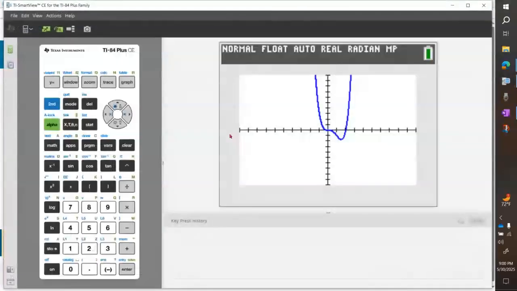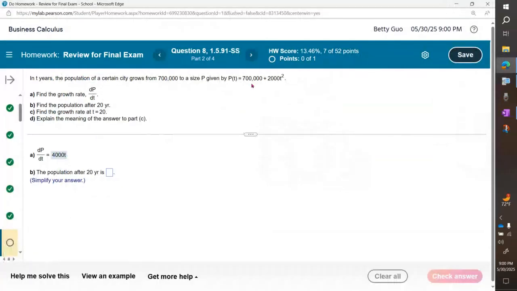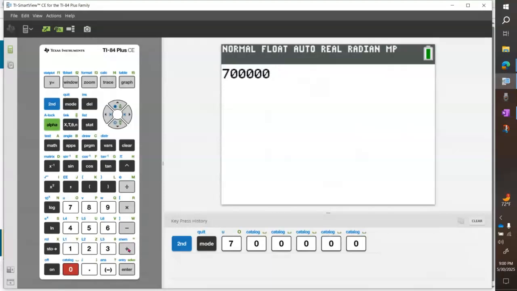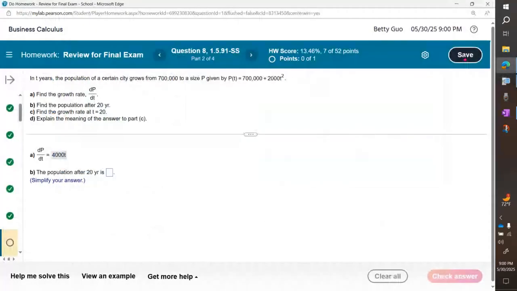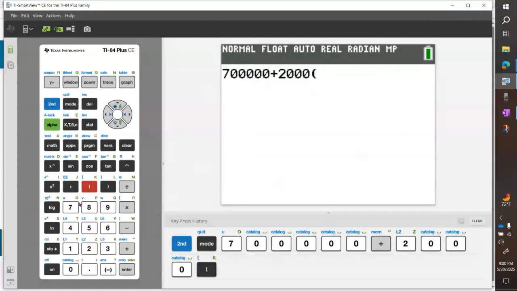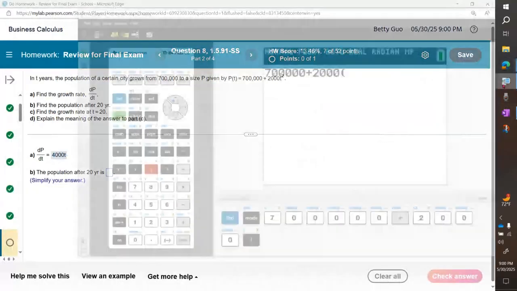A good thing about the TI-84 calculator is we can enter the expression in the calculator. 700,000 plus 2,000 t squared. Okay, what is t? It says 20 years, right? So t is 20.